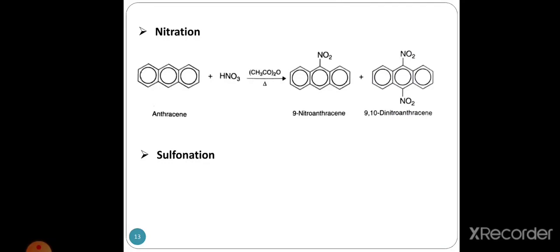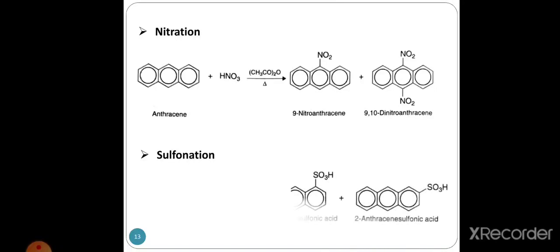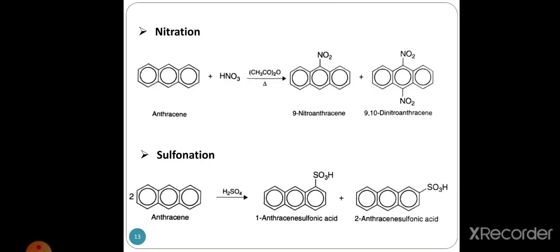Next, sulfonation. Anthracene undergoes sulfonation with concentrated sulfuric acid to yield a mixture of 1-anthracene sulfonic acid and 2-anthracene sulfonic acid.